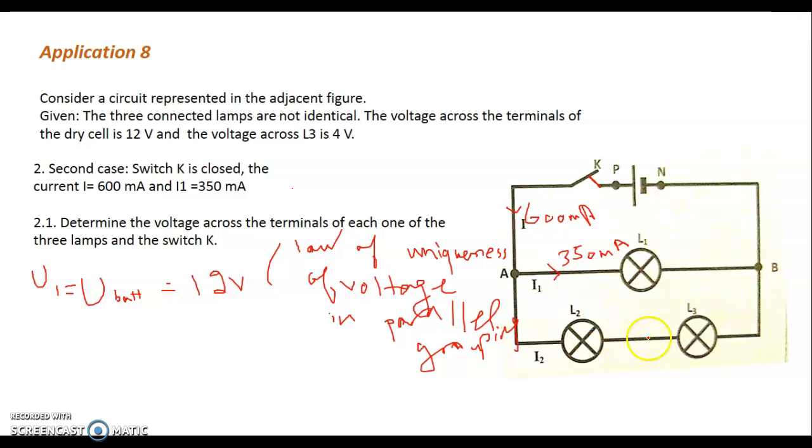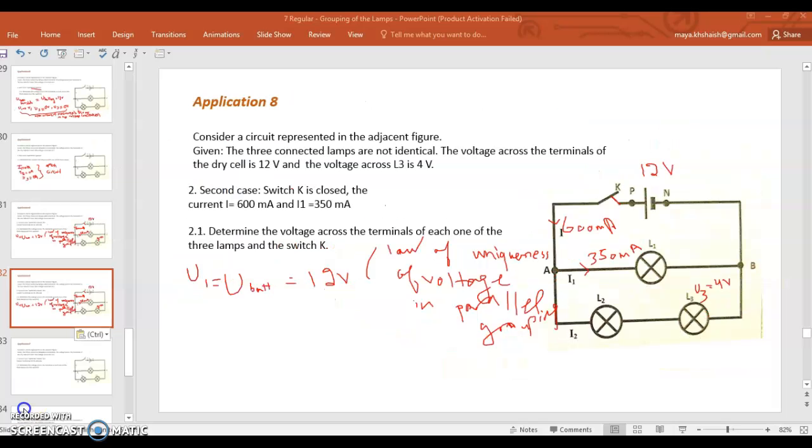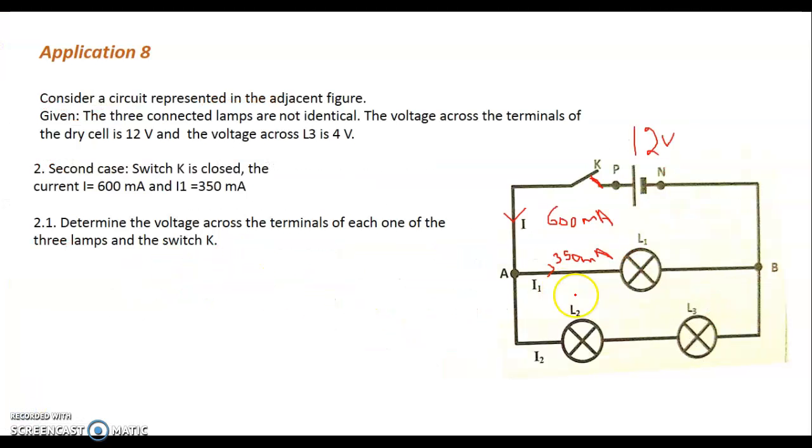What about U2 and U3? Given that U3 is equal to 4 volts, and we have this 12 volt. So again, this is U3 equal to 4 volt.